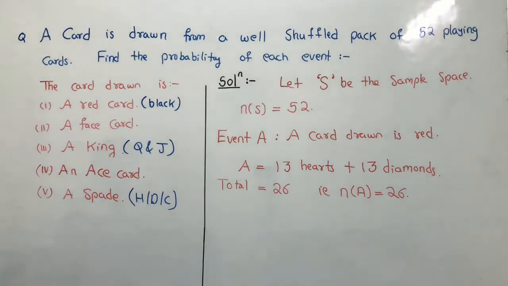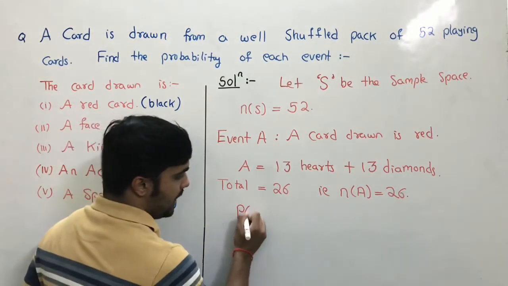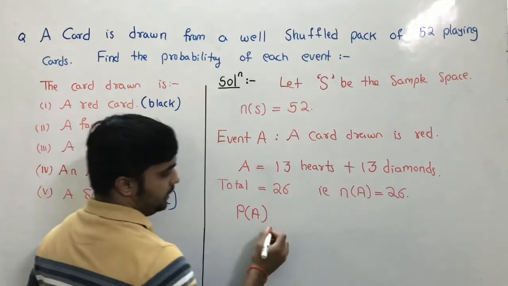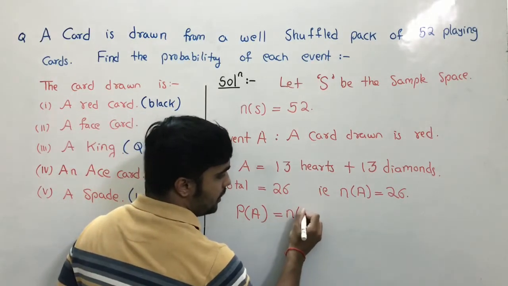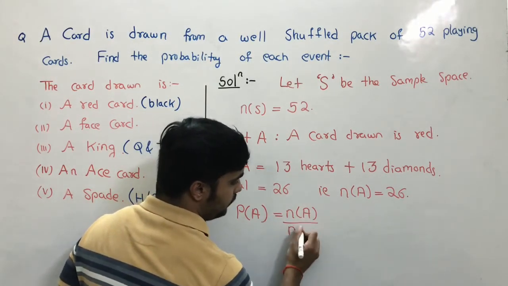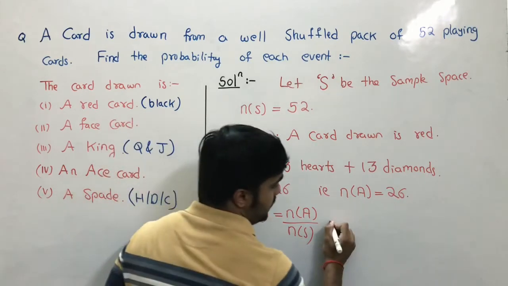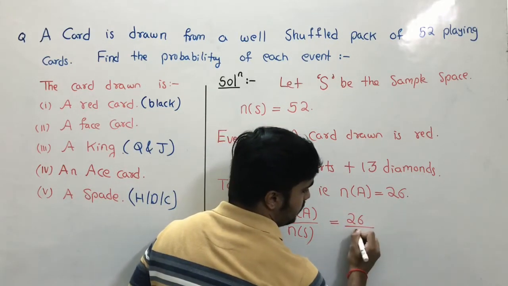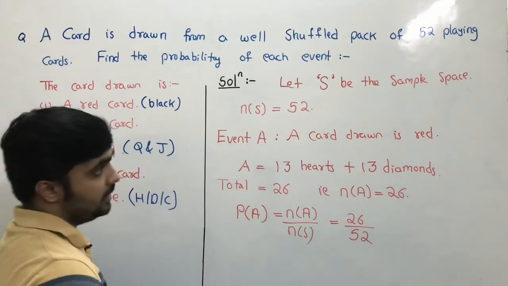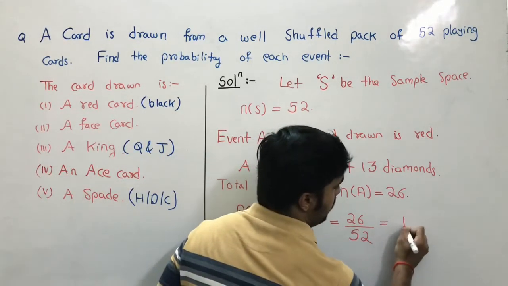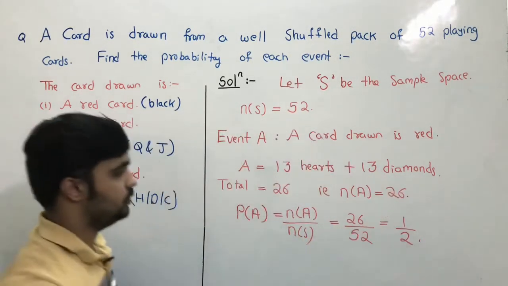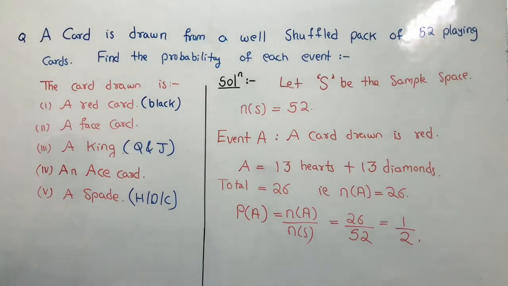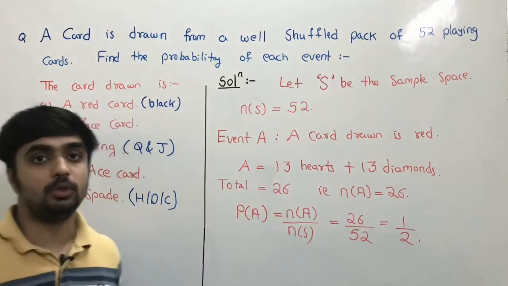Now as we know, probability of event A will be number of A upon number of S. So it will be 26 upon 52, that is 1 upon 2. So the probability that a card drawn is red is 1 upon 2.